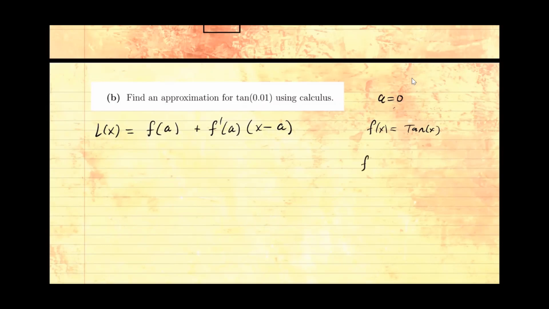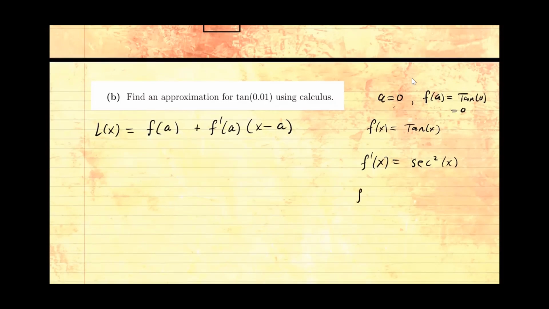So now find its derivative. We know that's going to be secant squared of x. And now plug in a into tangent to find the y value. So if a is 0, f of a, which is the y value, will be tangent of 0. And that's also 0. So my x and y value are both 0.